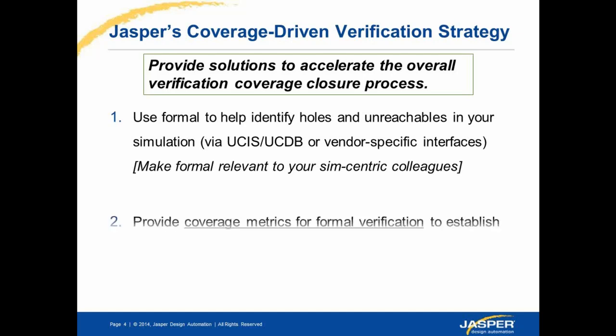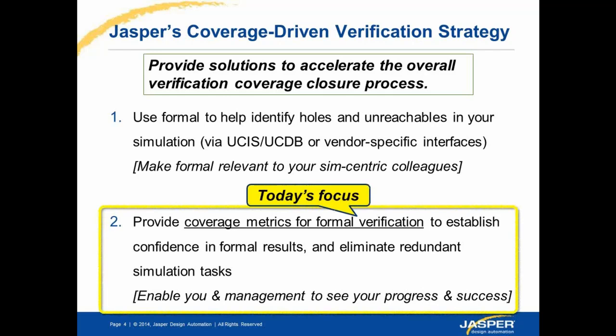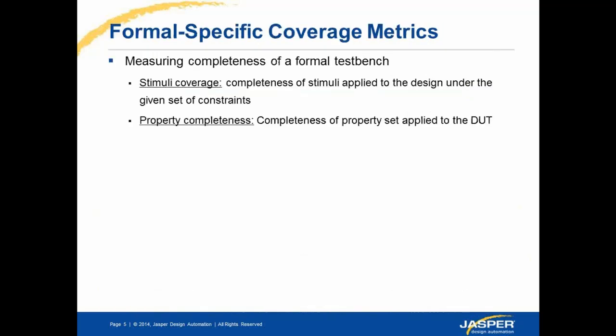The second one is actually coverage metrics for formal verification. The idea is to define a metric, and Jasper has come up with one, to quantify and qualify the formal verification effort you have done so far. And this will be the focus of my presentation here today.